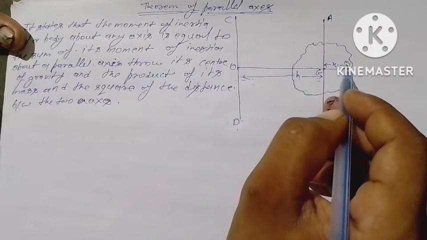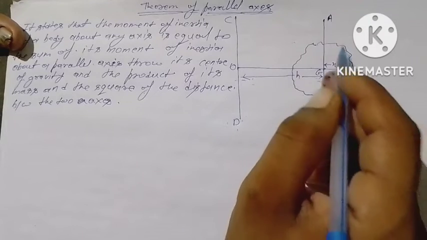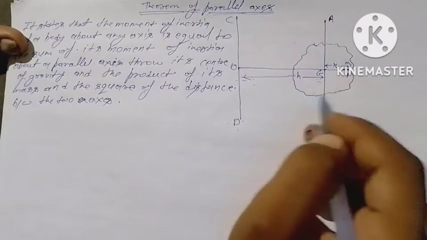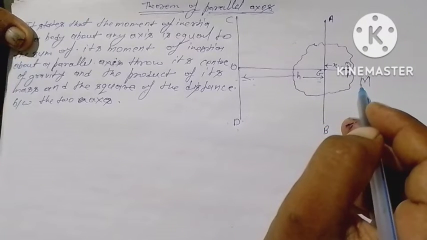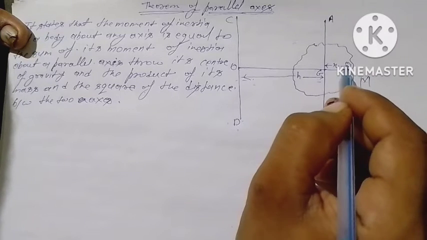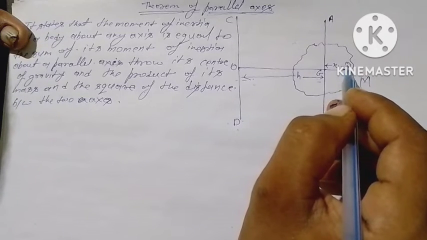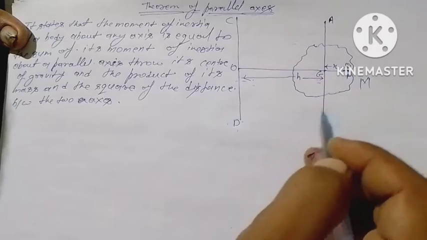Let m be the mass of the body and m1 the mass of the element at P, distance x1 from AB.